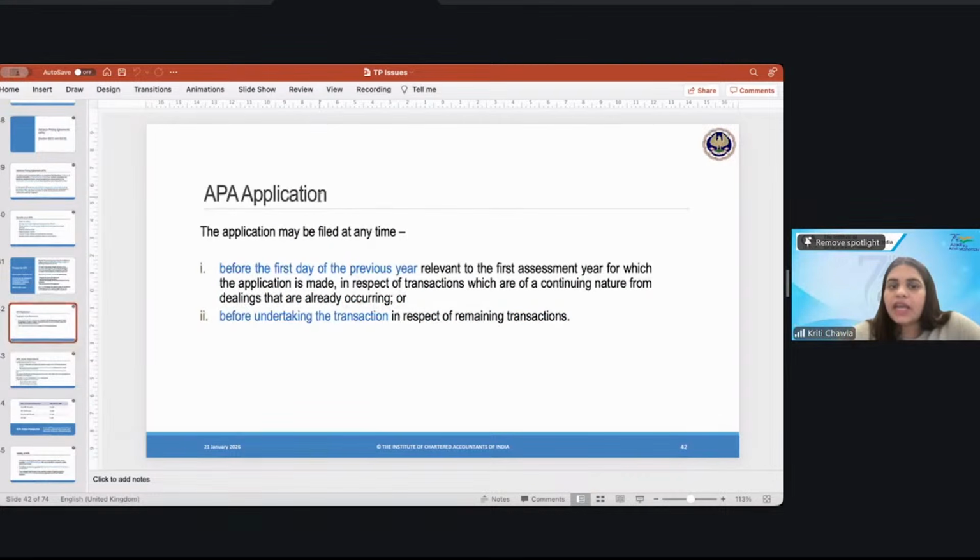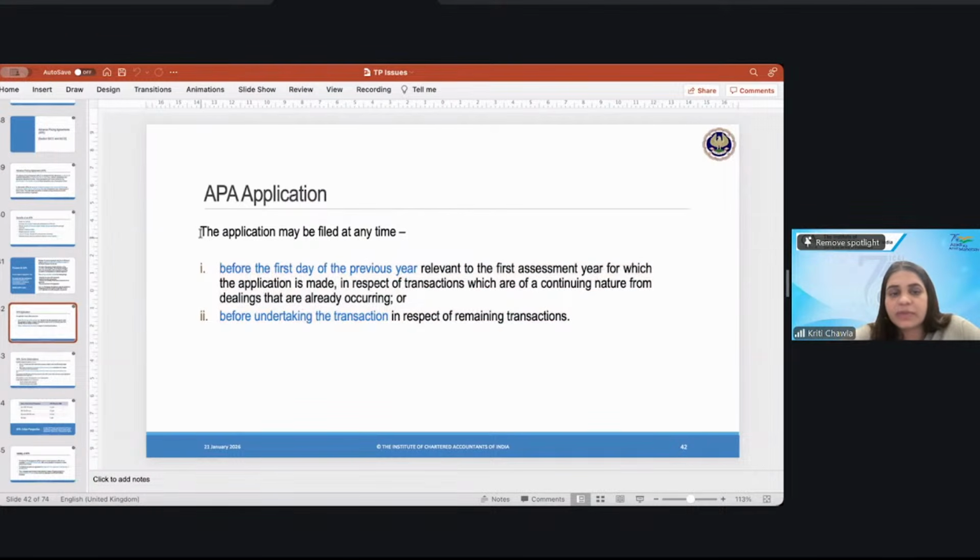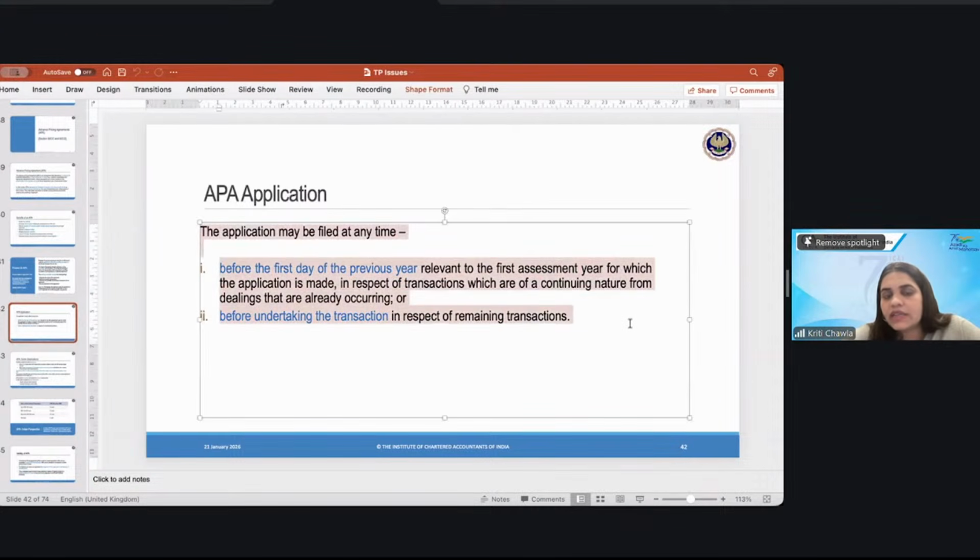This is APA application. The application may be filed at any time in case of this. I will discuss a question which is provided in the manual also with respect to the filing of APA.